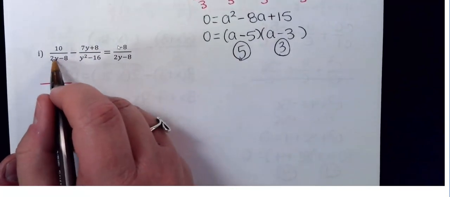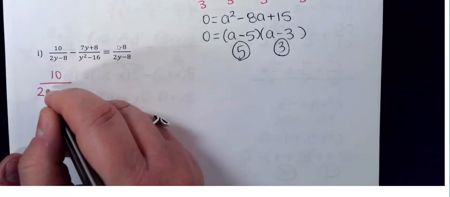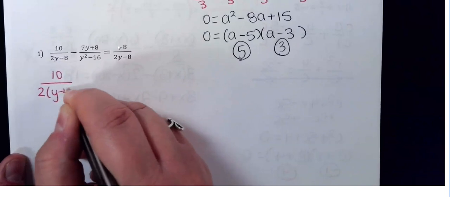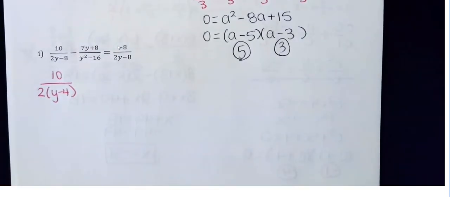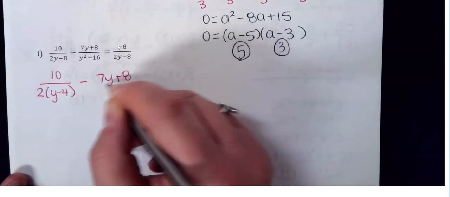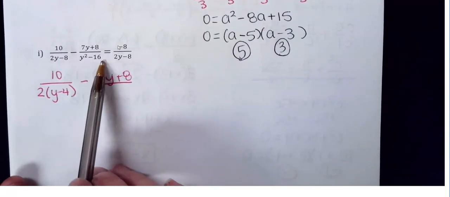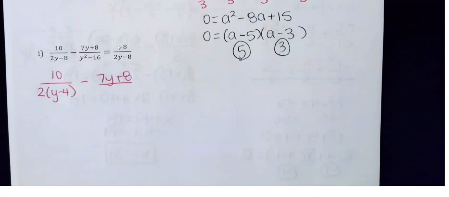So 2y minus 8 in the bottom of that first fraction, I could take a 2 out in front of that, and left over I'd have y minus 4. The fraction in the middle there, 7y plus 8, you're not doing anything with that, so I'm just going to leave that alone. But I've got y squared minus 16. That is a difference of squares.